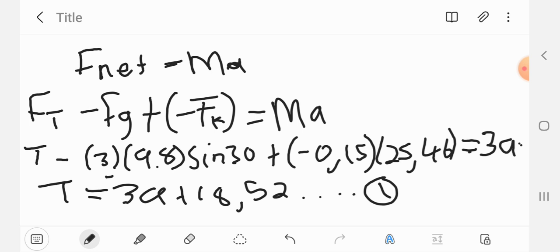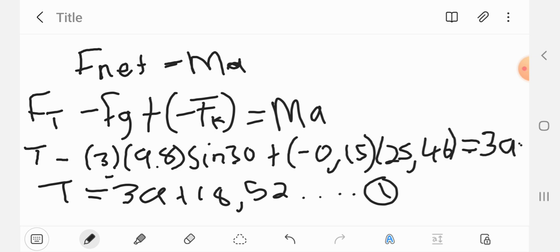Guys, if you are given this and you're asked to calculate the kinetic friction or the gravitational force, you use F net equals to ma. Whenever you're asked to calculate the mass as well and you're given the tension and the gravitational force, this is how you calculate it. Keep that in mind.